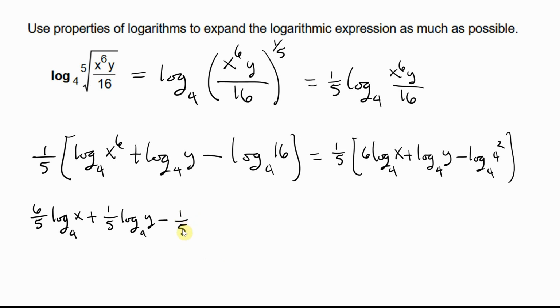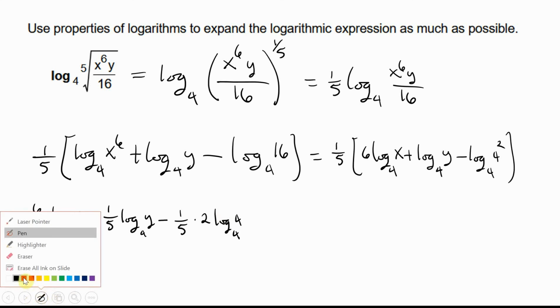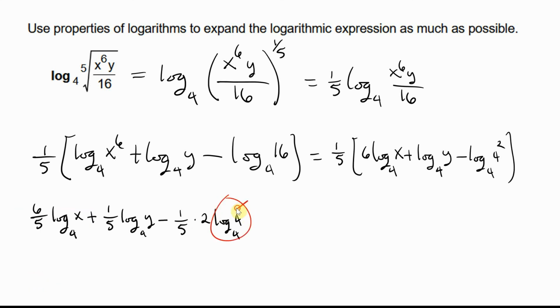This is 1/5 times 2 times log base 4 of 4. And log base 4 of 4 is just equal to 1. So this is just 1, right?